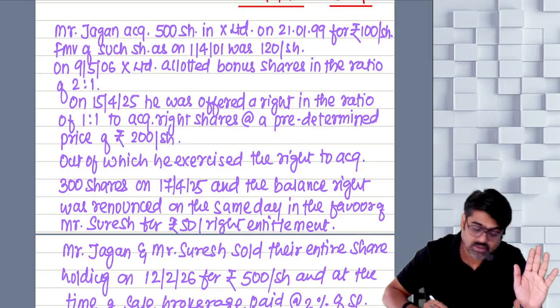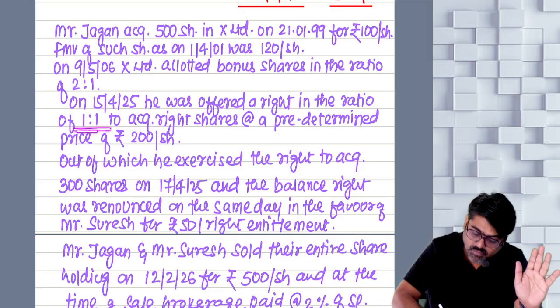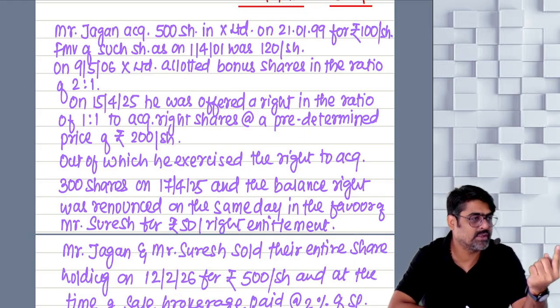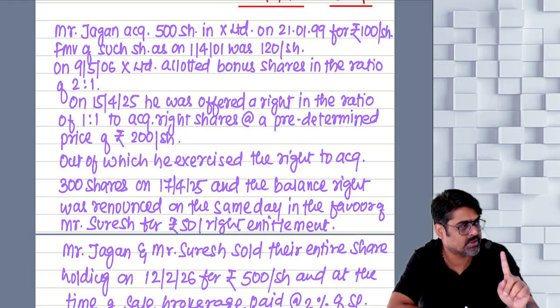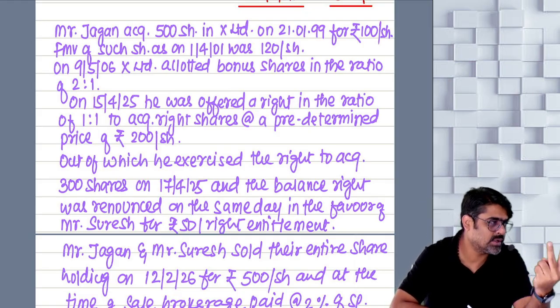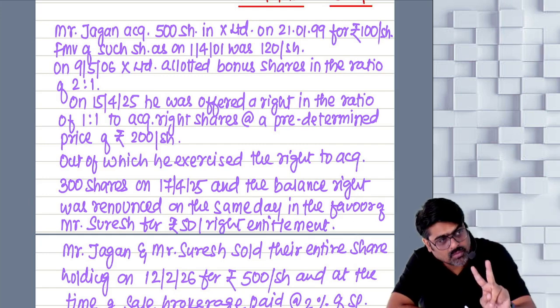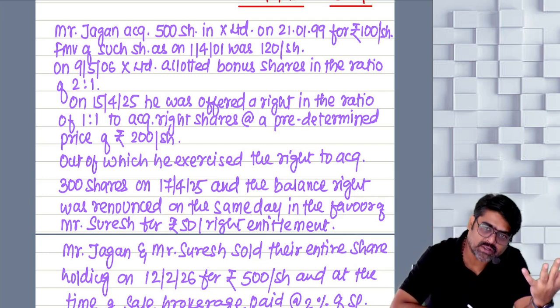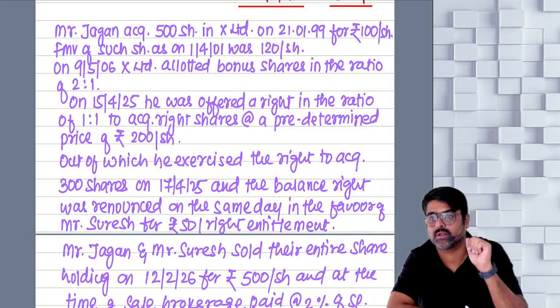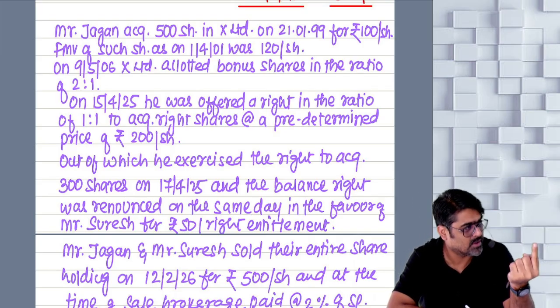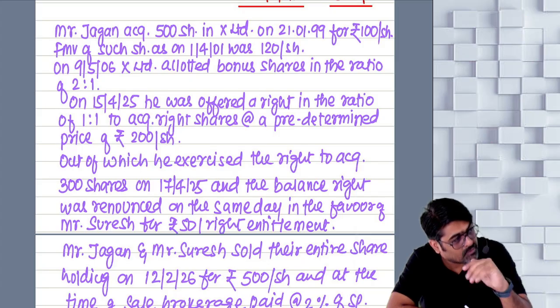You have a right to acquire right shares in the ratio of 1:1. So if you have 1 share, you can acquire 1 more share. If you have 2 shares, you can acquire 2 more shares. If you have 5 shares, you can acquire 5 more shares. But this right we are giving you, you have to exercise.